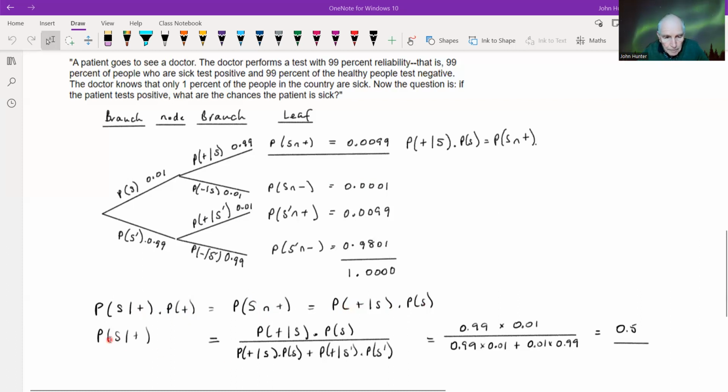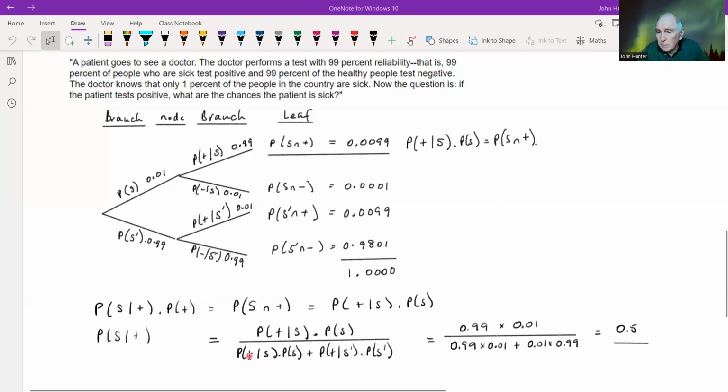And therefore, the probability that they're sick, given that they're positive, is equal to this numerator here, which I've rewritten there, divided by the probability that the test is positive.